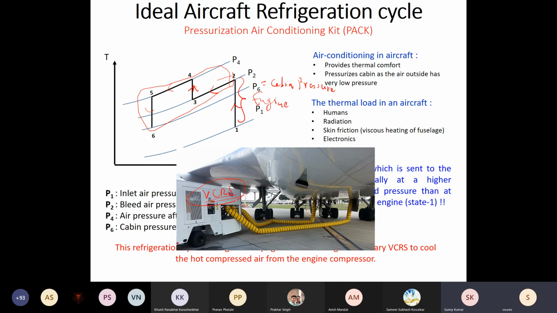That is a VCRS system, just like your residential air conditioning system. And this is operated typically by a diesel generator, or could be a diesel engine. So when the engine is turned off, your air conditioning stops.